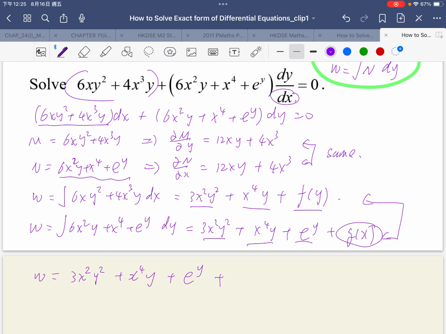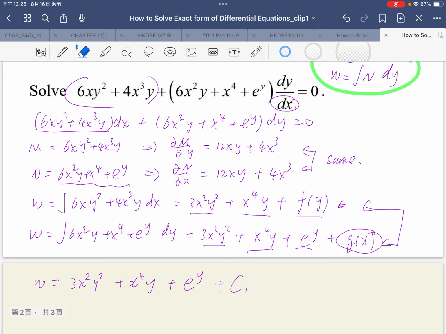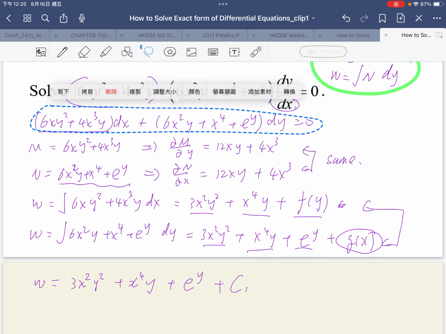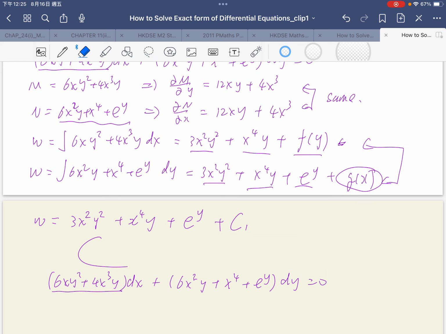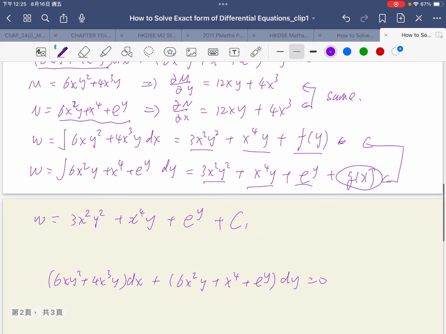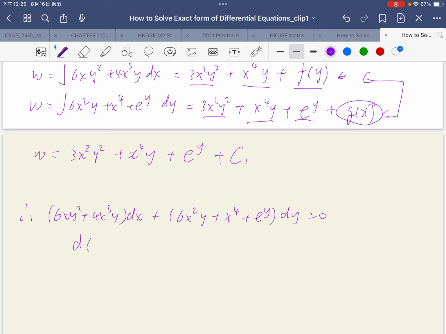As g(y) is nothing in this function, therefore g(x) should be a constant, c1. Okay, then this differential form, this exact form, can be transformed to, I do a copy paste, therefore, this can be transformed to d(3x squared y squared plus x to the 4 y plus e to the y plus c1) equal to 0.